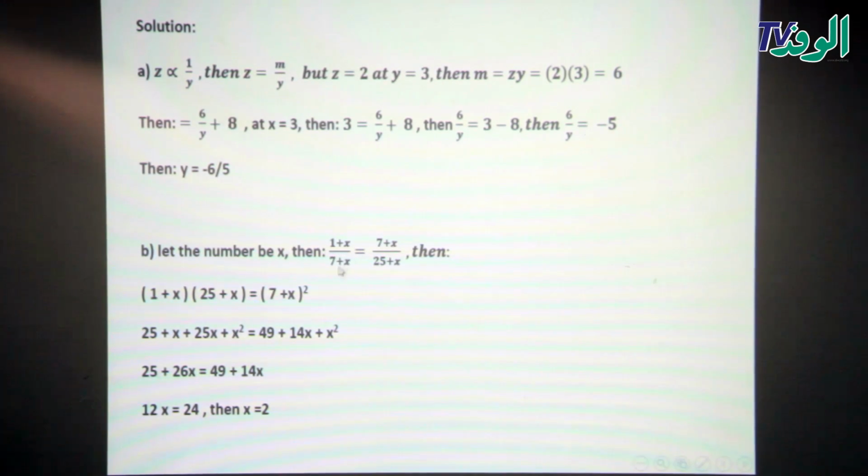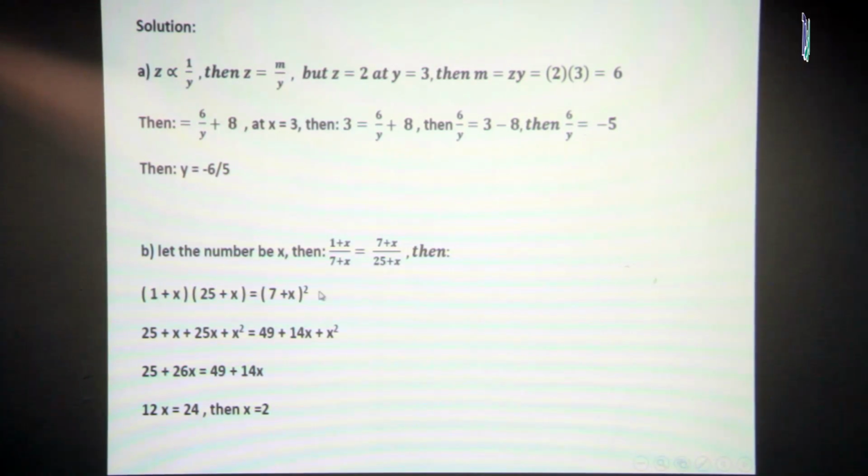So I have (1 plus x) over (7 plus x) equals (7 plus x) over (25 plus x). Using cross multiplication, this times this, 7 plus x with 7 plus x, will be (7 plus x) to the power of 2. Using expanding of the two binomials, the left-hand side will give me 1 times 25, 1 times x, x times 25, x times x, and 7 squared, 2 times first times second, which is 14x, plus x squared.